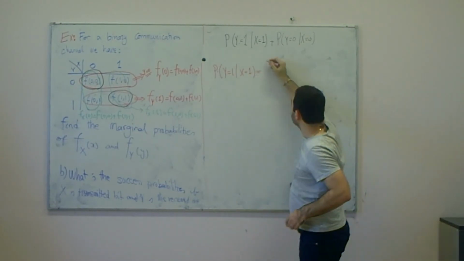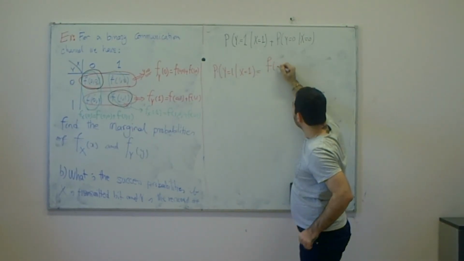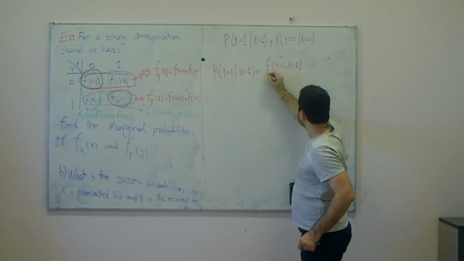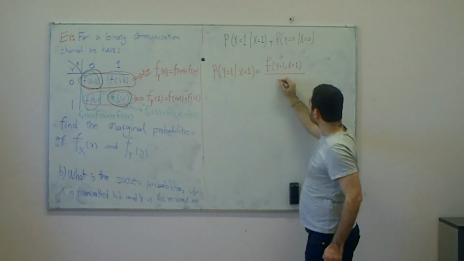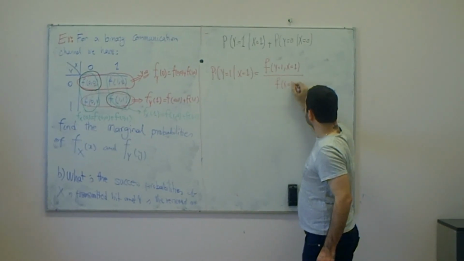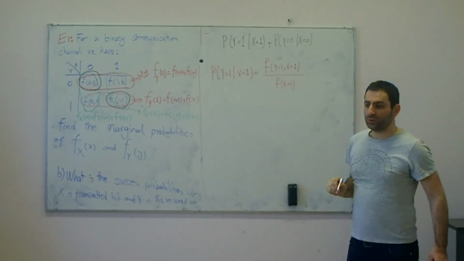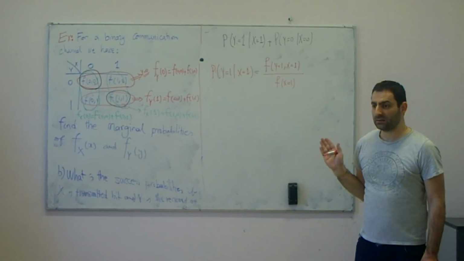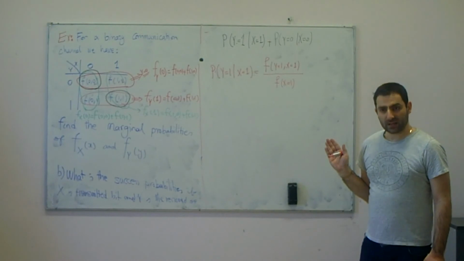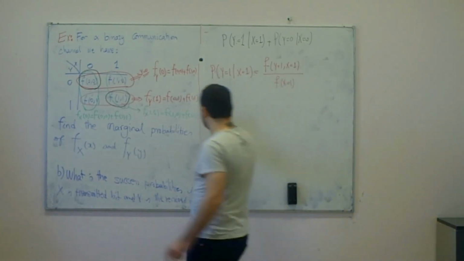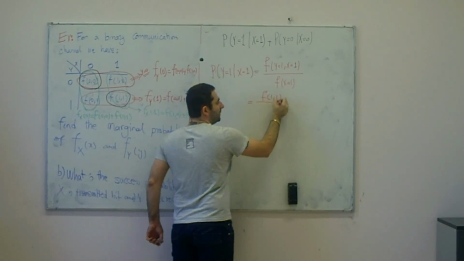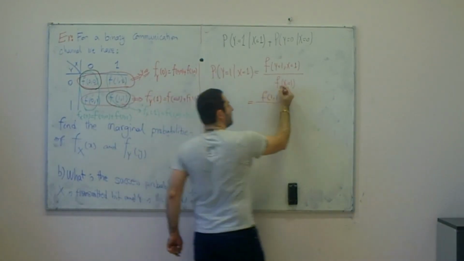This is f of x, y divided by fx, isn't it true? What was the name of this formula? Bayes. So this is equal to f11 divided by fx1. What is fx1?